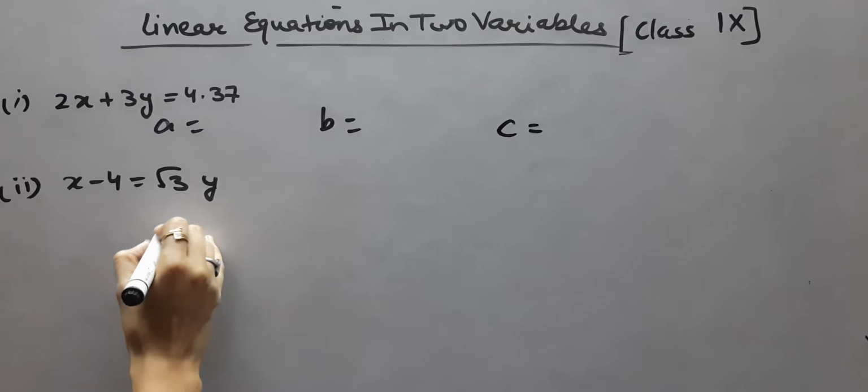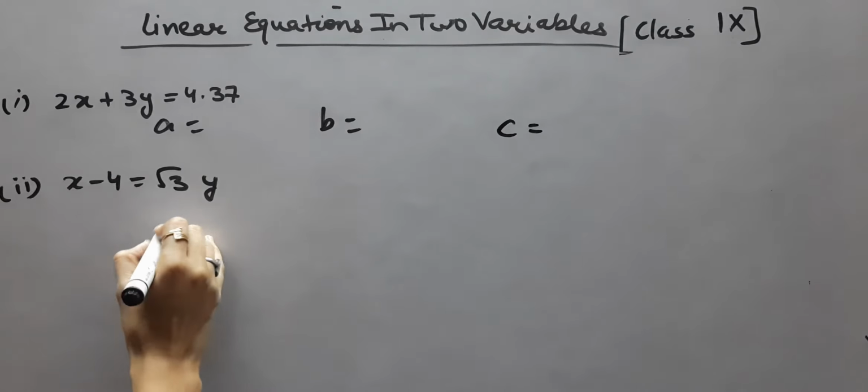Here it is plus c. This c is on the right hand side, so I will make it here with a negative sign. Similarly, this is y, so we will take it to the left hand side.